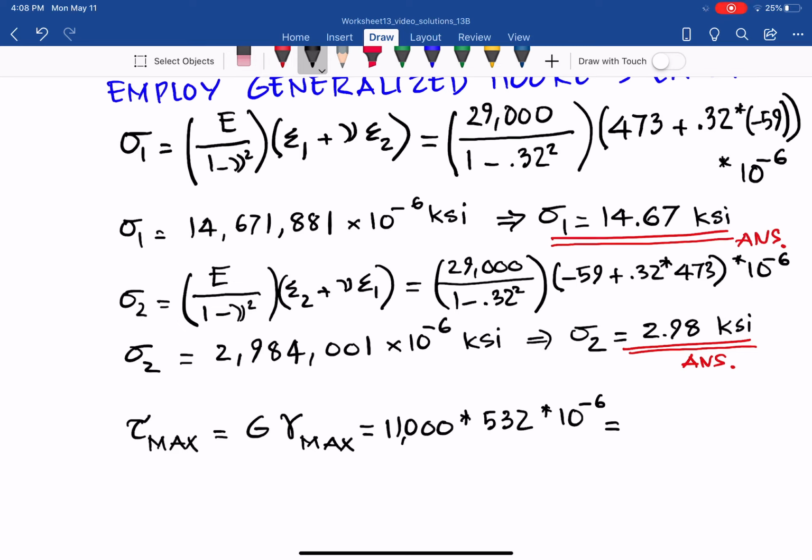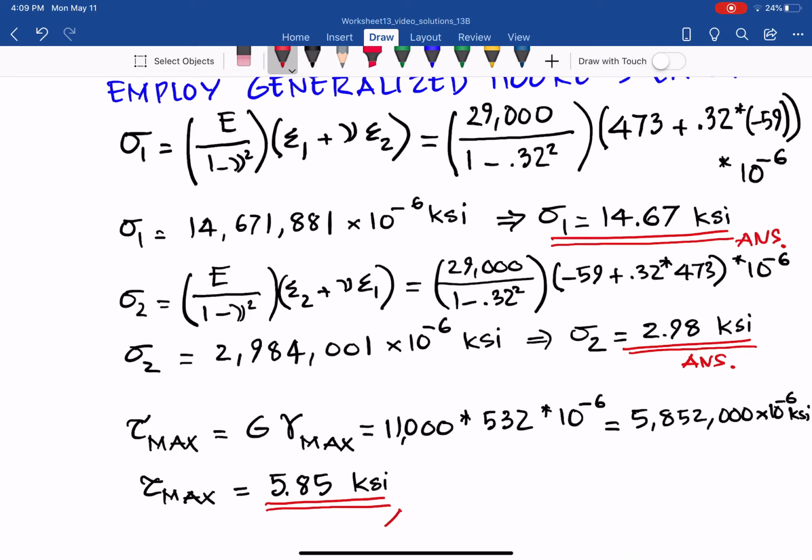So you will have 5,852,000 times 10 to the negative 6 KSI. So you have tau max equal to 5.85 KSI. And that is the maximum in-plane shear stress.